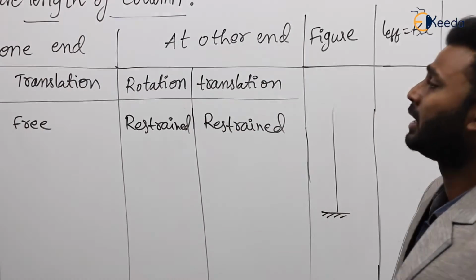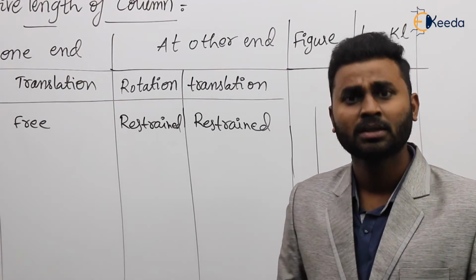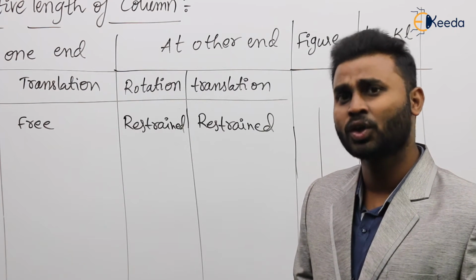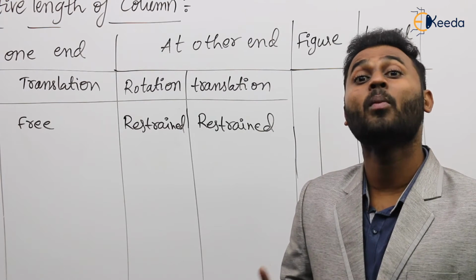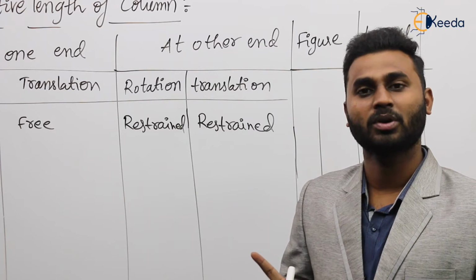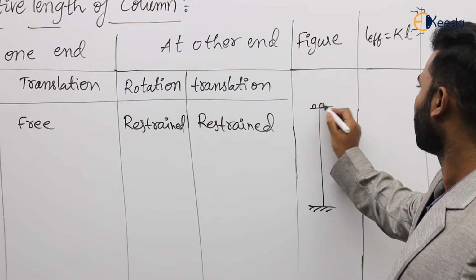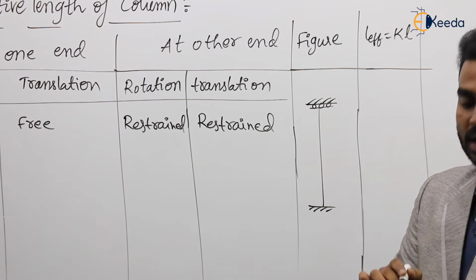Then what about the other end? The other end has rotation restrained but not translation. Which type of support is it? Have we discussed it in any way? I guess you are going to discuss it in structural analysis. That type of support is known as a moment roller. Symbolically we represent it like this. Okay, that is the support.